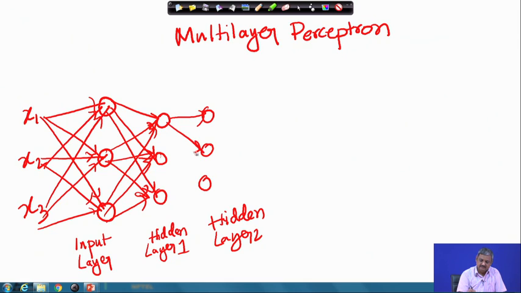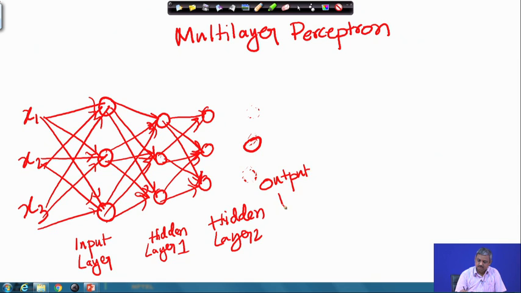Same rule holds, it is connected to every node in the next layer. And finally, the output. You can have fewer outputs. For example, you can have only one output, which would give +1 or -1. So, this is the output neuron. Again the same rule, everything will be connected.